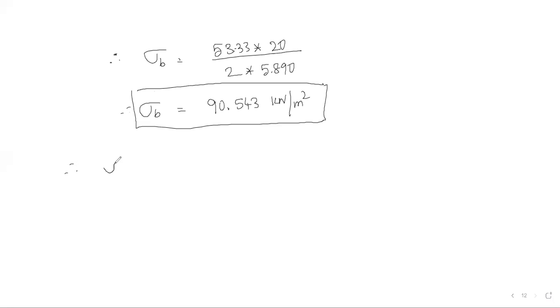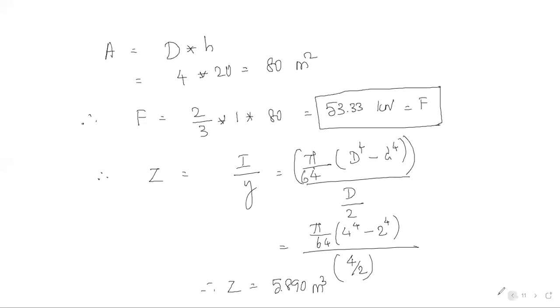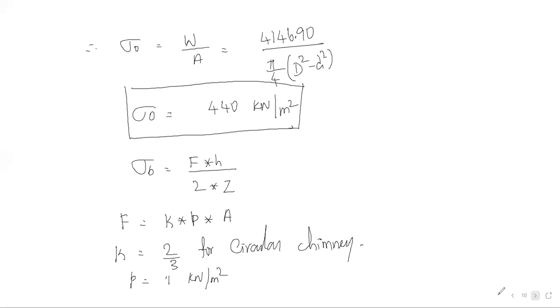Now we have to go for maximum and minimum stress. So sigma max is equal to direct stress plus bending stress. So what is the value of direct stress? 440. So 440 plus 90.543.